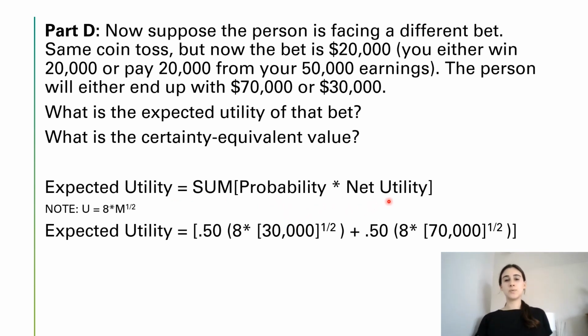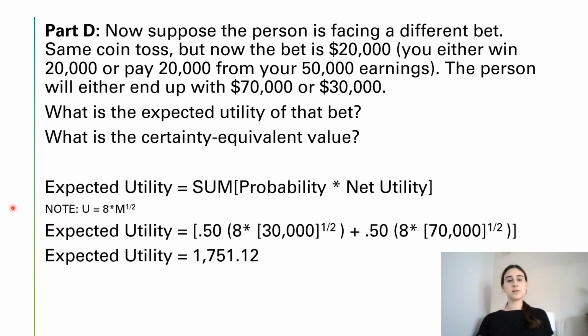We add that to the probability of winning. There's a 50% chance that we win, and if we win, we end up with $70,000. Again, we must convert that to util terms, so we plug $70,000 in the m position of this equation. When we sum those two values, we get an expected utility of 1751.12. If the individual takes this bet, they're expected to end up with 1751 units of satisfaction.